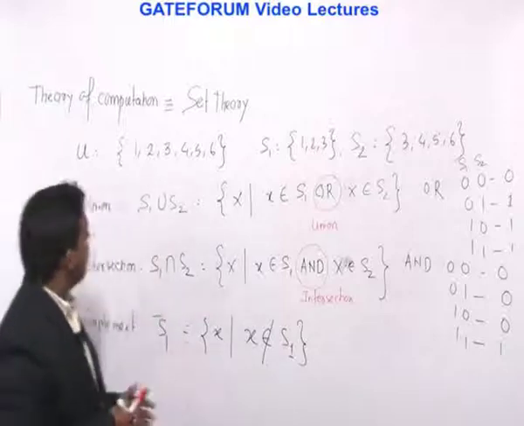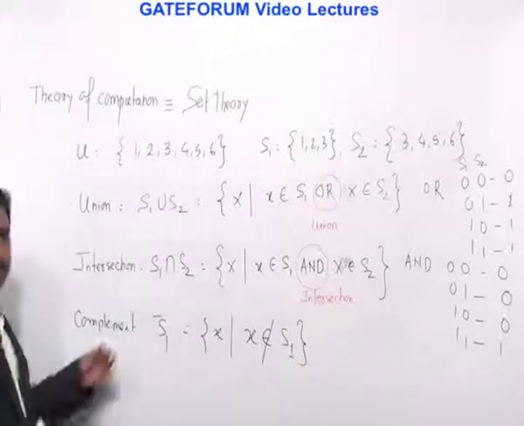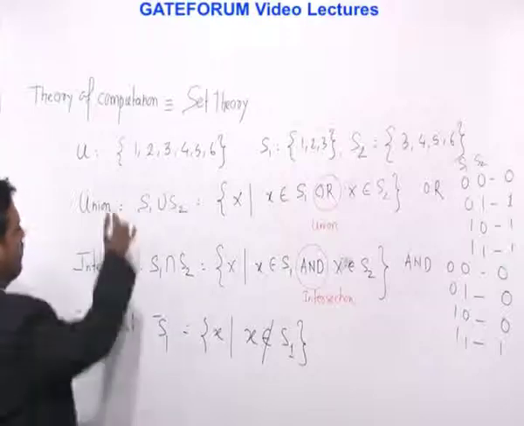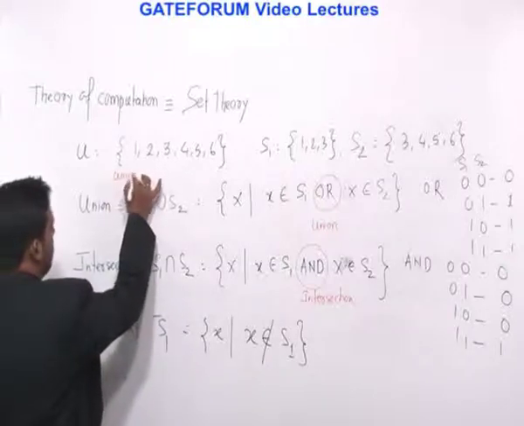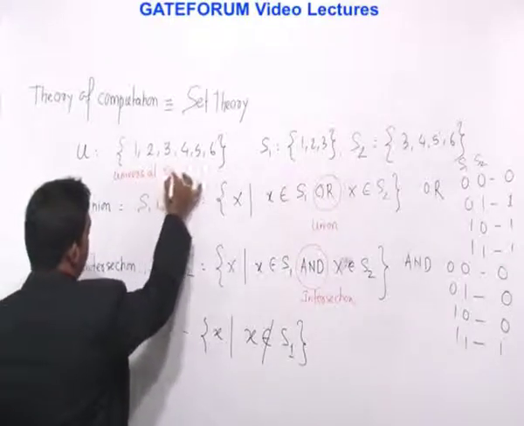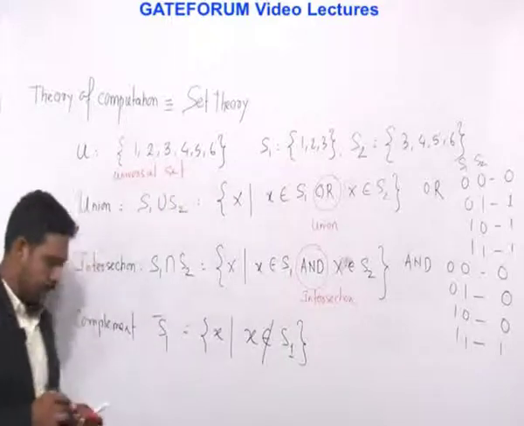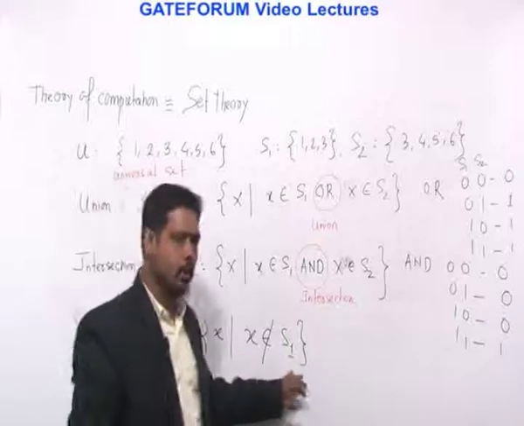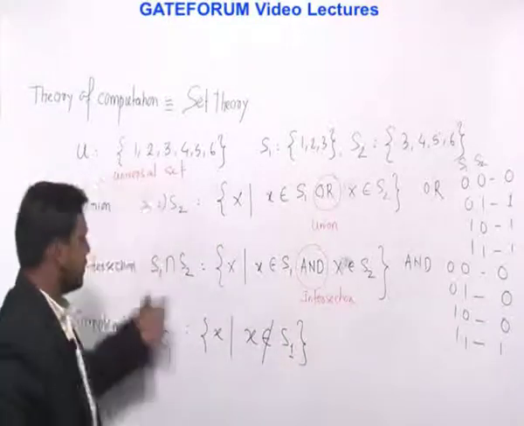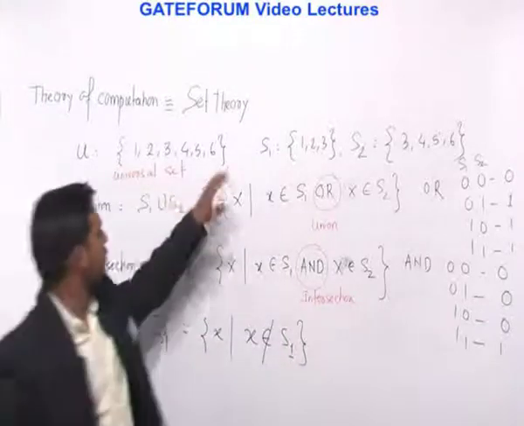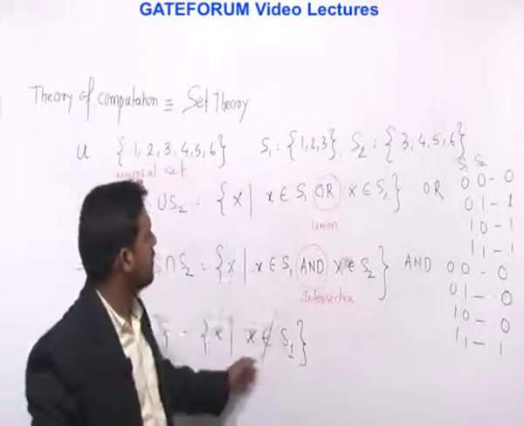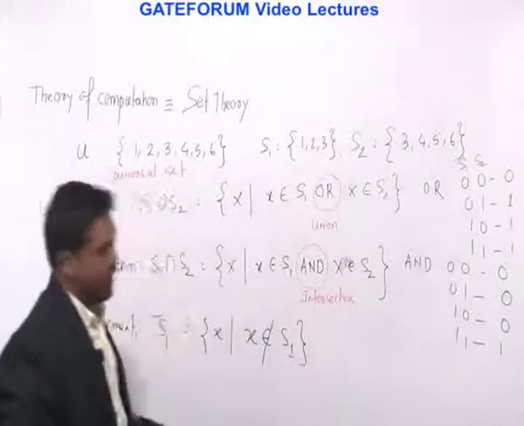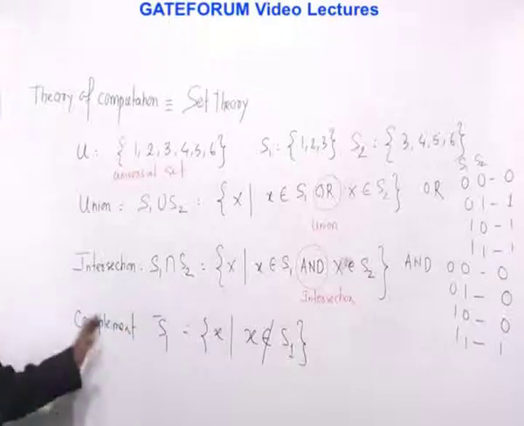What we always need is a universal set; we always talk about a universal set. So in this case, this is my universal set, and we are interested in all X such that X is not an element of S1. So if S1 is 1, 2, 3, then definitely 4, 5, 6 is the element of S1 complement.